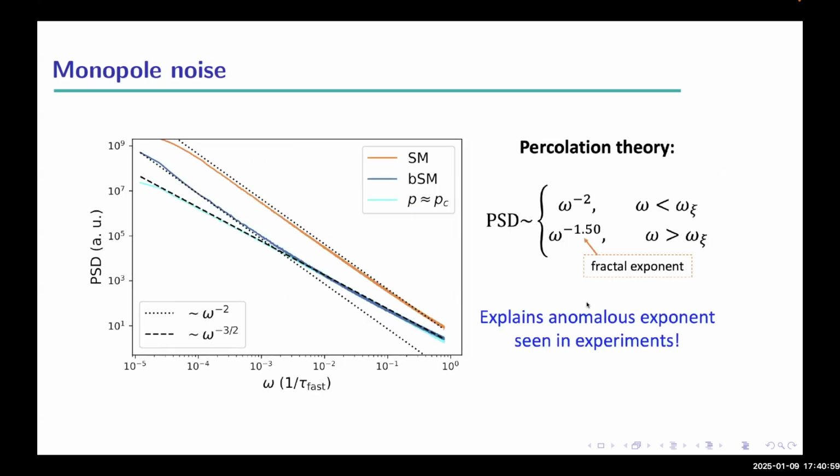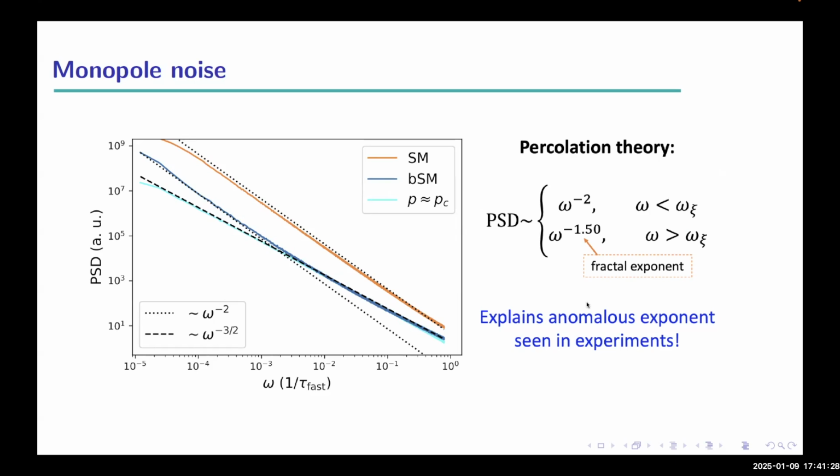So the monopole noise, just to explain how things go here. Monopole motion links spatial motion to magnetization fluctuations in the time domain. We're now looking at a single monopole, so the plateau at small frequencies is cut off or shifted to the left. So large distances is small frequencies. At large distances, we expect normal behavior, so beyond the standard model gives you omega to the -2.